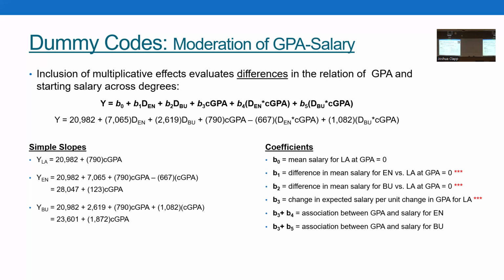Now all of a sudden this coefficient right here is the simple slope for engineering. And then I run a different model where I have dummies for engineering and dummies for liberal arts, and now this coefficient in my model is the simple slope for my business folks, right?